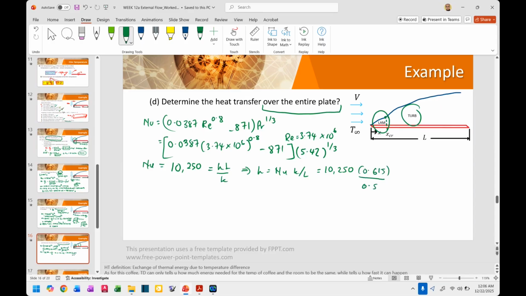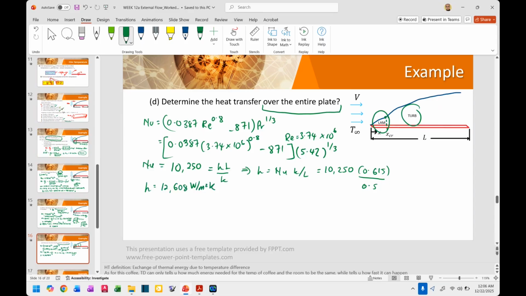What will that give you? 10,250 times 0.615 divided by 0.5. That is 12,608, right? So you get your H value to be 12,608 watt per square meter Kelvin.